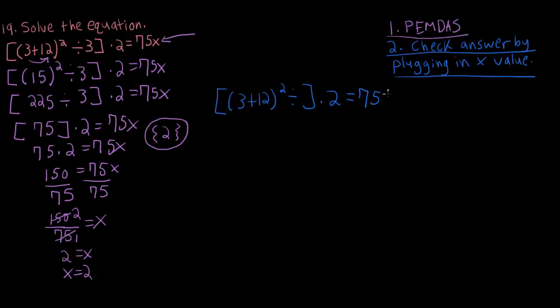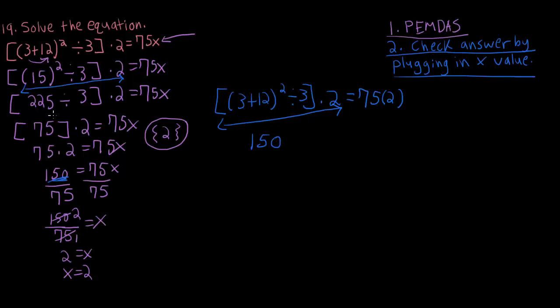Right here we're plugging in the x value of 2, but on the left side there's no x value, and as we saw, we evaluated the left side of the equation and ended up getting 150, because 3 plus 12 is 15, squared is 225, divided by 3. 225 divided by 3 was 75 times 2 is just 150.